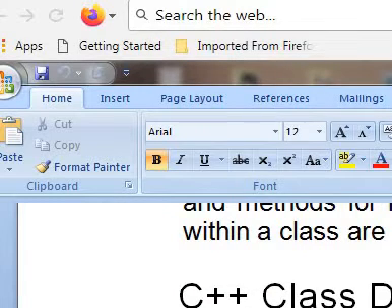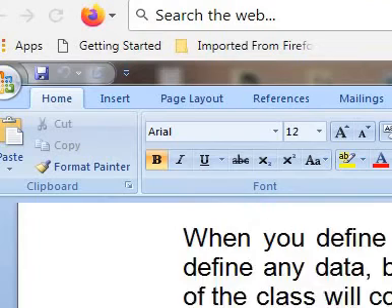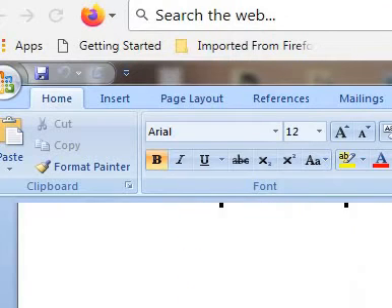So first, what is object? A class provides the blueprint for objects. So basically an object is created from a class. Okay. An object is always created from a class.